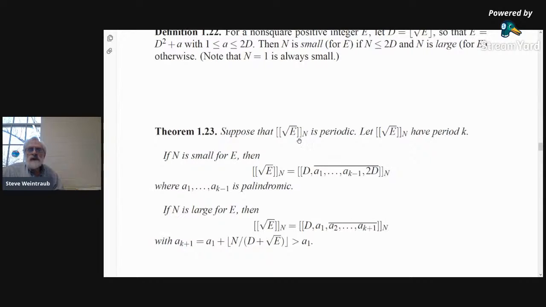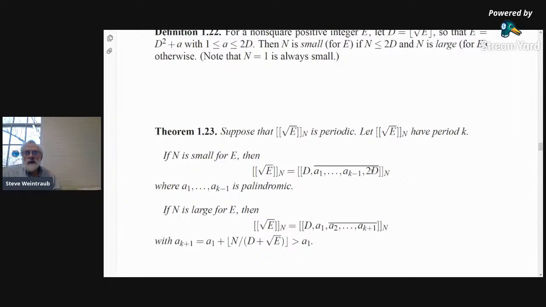Suppose that the best CFN expansion of the square root of E is periodic. As I say, we conjecture this is not always the case, but it's the case a lot of the time. Suppose that this has period k. Then if N is small, the shape of the continued fraction is the same as the shape for N equals 1. Namely, the period is always going to start at a1.